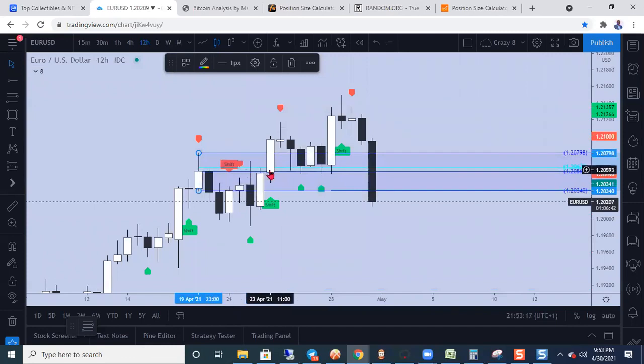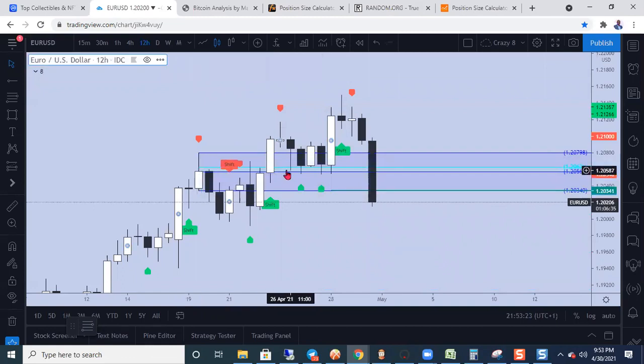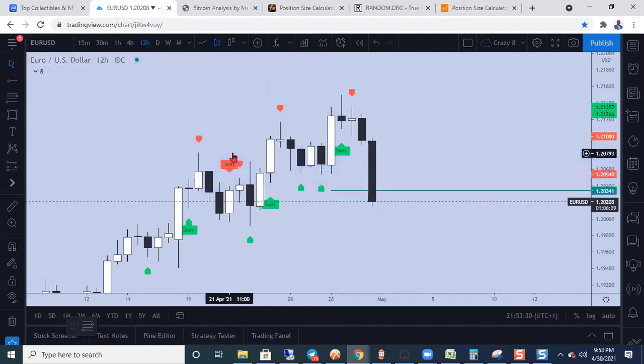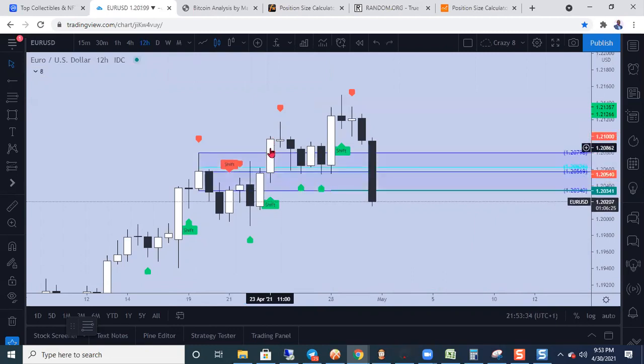So here we are. We would have gotten this buy off of this bearish AQZ. Now, if you take off this bearish AQZ, how else could we have gotten this buy? When we had a break above the bearish AQZ block, we automatically had this green arrow coming up.